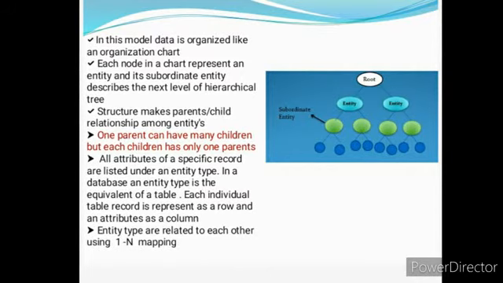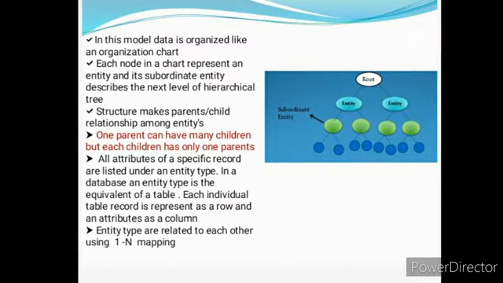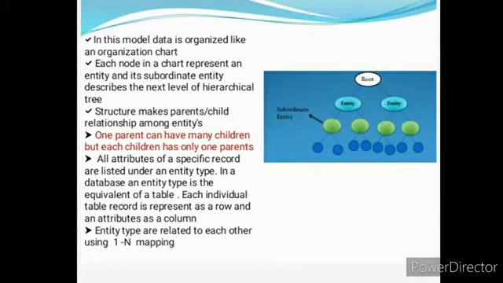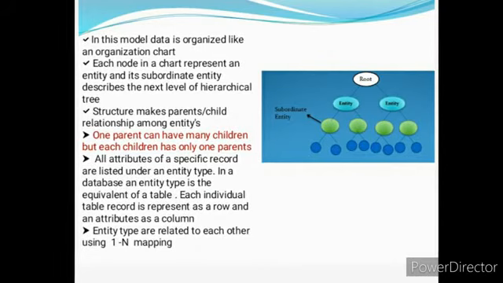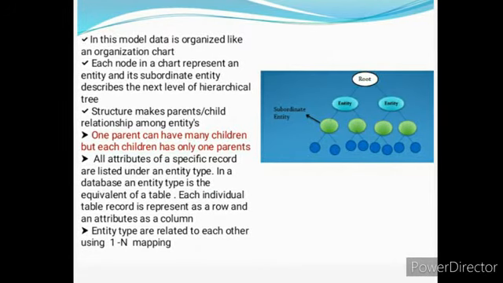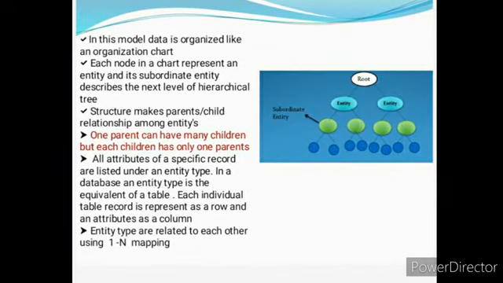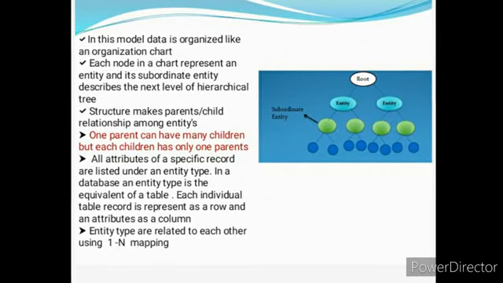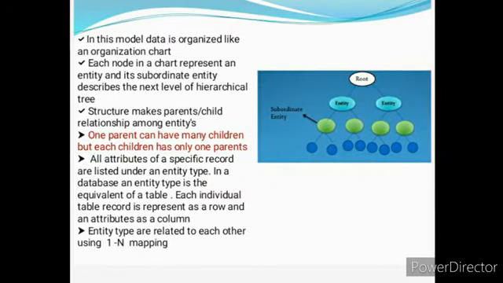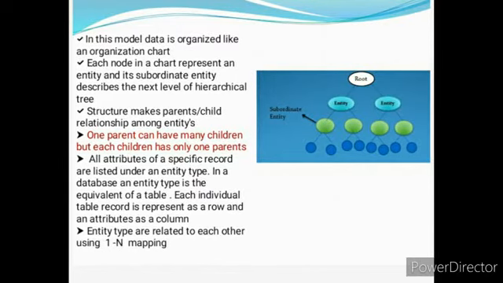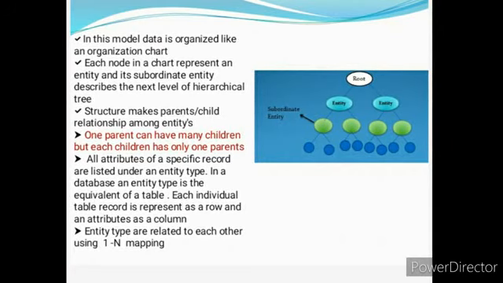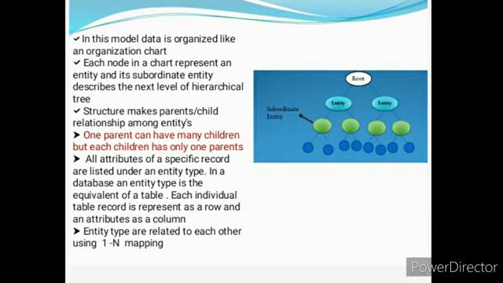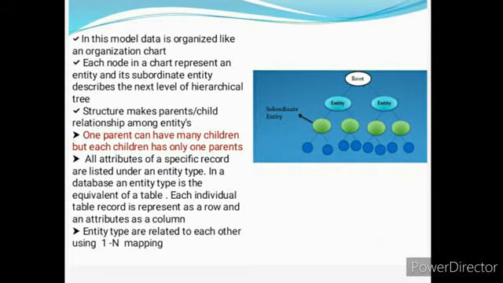These relationships are parent and child relationships. The property is that each parent can have many children, but each child has only one parent. Means one parent node can have many child nodes, but each child has only one parent. All subordinates have one boss. These restrictions differentiate the hierarchical model from other models.